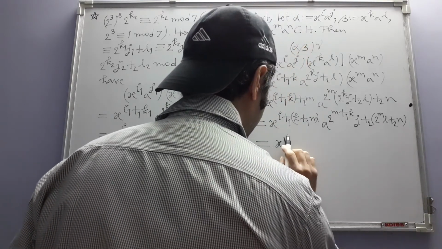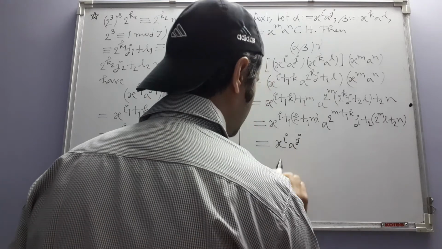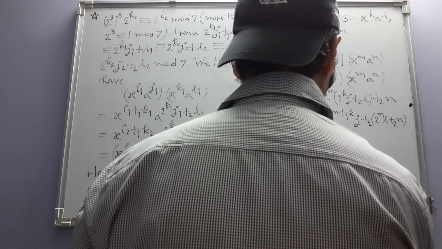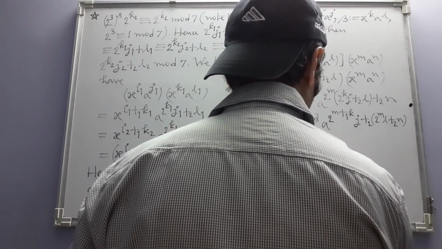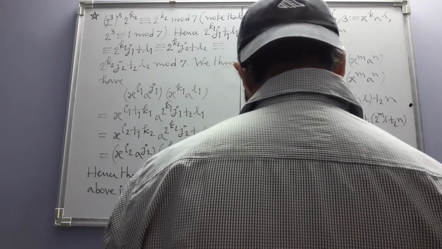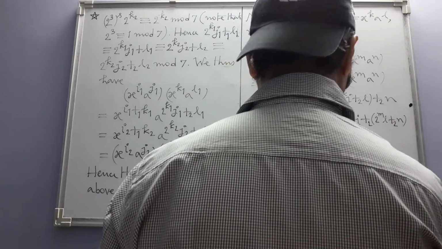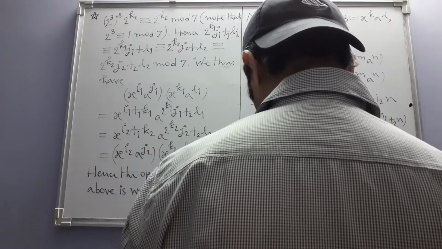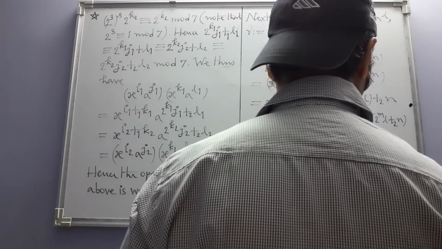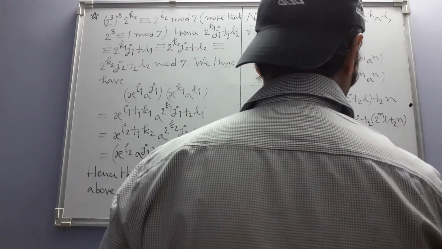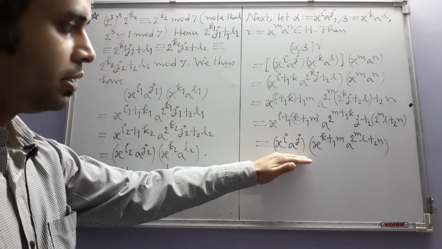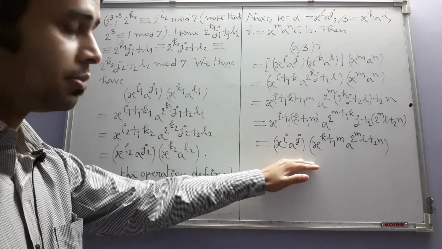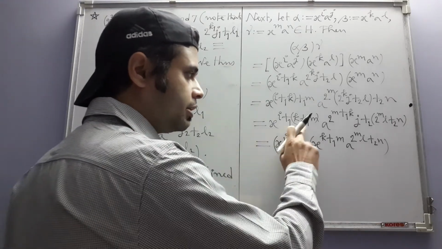What happens if I write in place of all these things something like this? k plus m, a, 2 to the power m l plus 2n. From here, if I start and I apply my definition of our binary operation, do we get this?